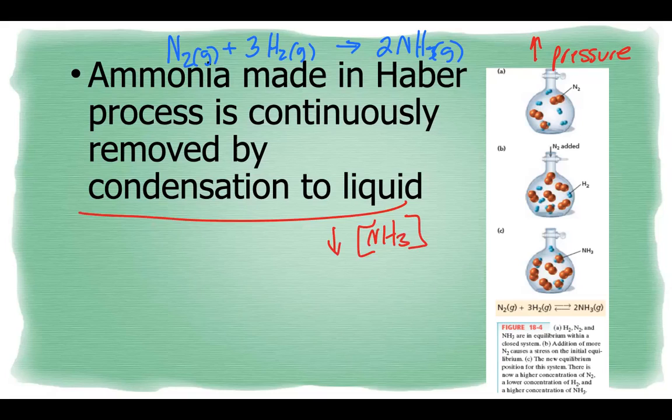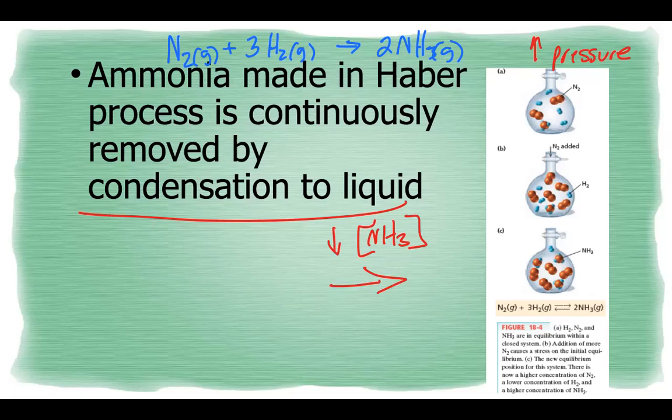So if you decrease the concentration of ammonia, then the system is going to want to increase the concentration of ammonia back to what it was before. So how does the system do that? It shifts direction to the right, which means the forward reaction rate increases, which means at the new equilibrium, you're going to have a higher concentration of ammonia and lower concentration of reactants.